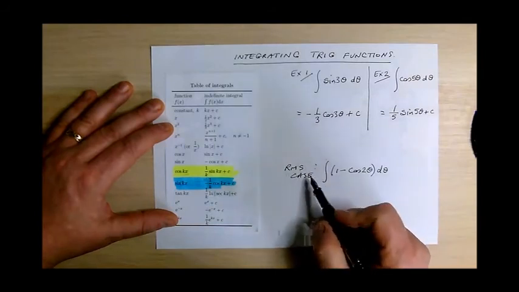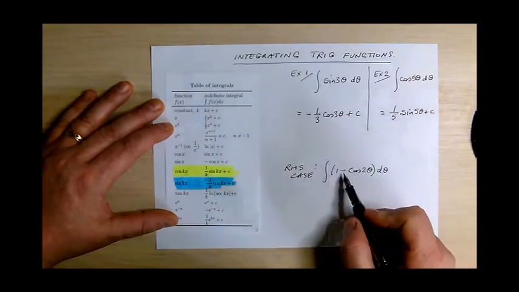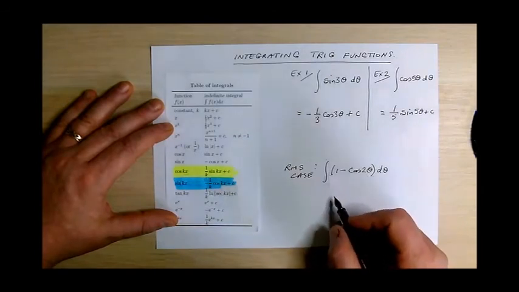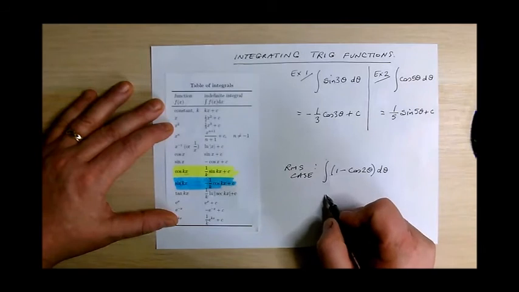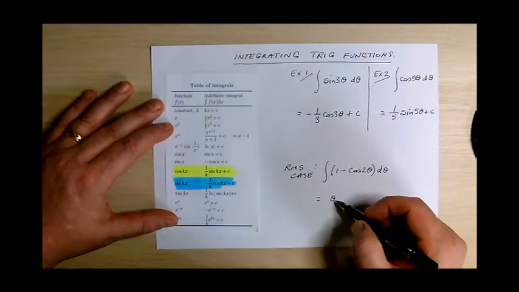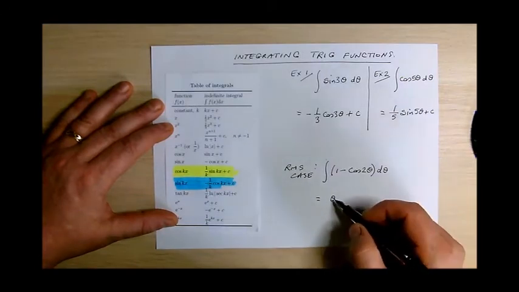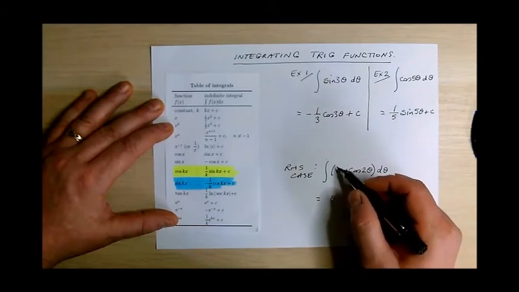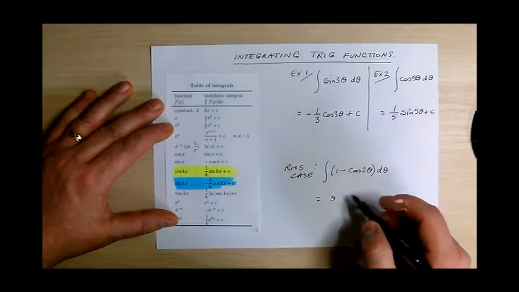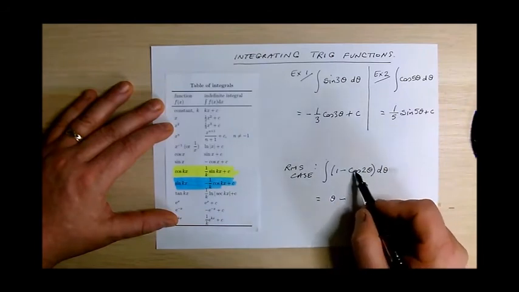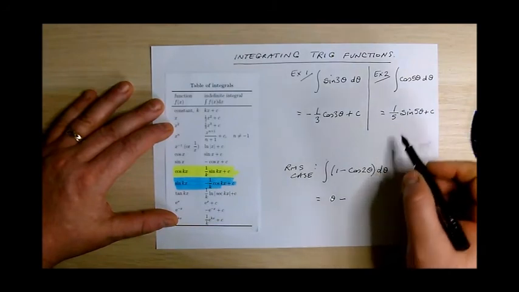So in our RMS case, we're going to integrate 1 minus cos 2 theta. The 1 integrates to become theta. If we differentiate theta with respect to theta, it would become 1. So when we integrate 1, we get theta. And for cos, we get minus, and then we integrate cos 2 theta.